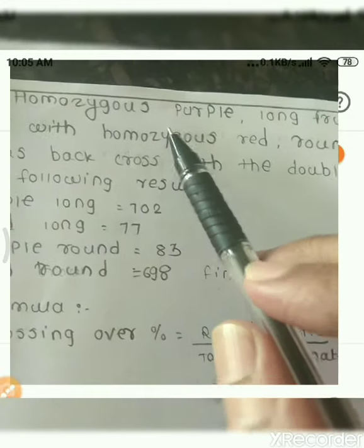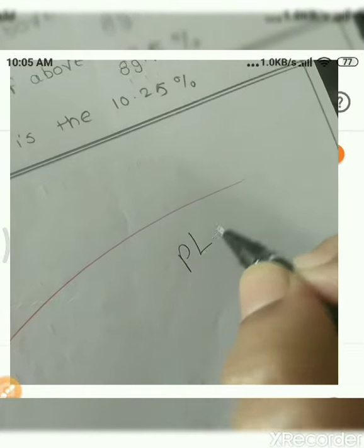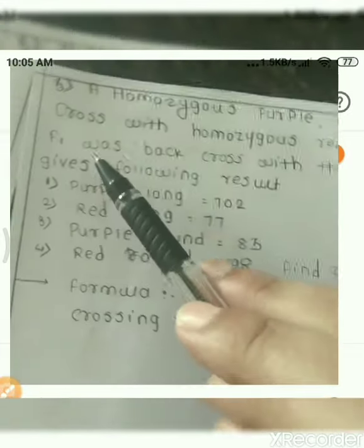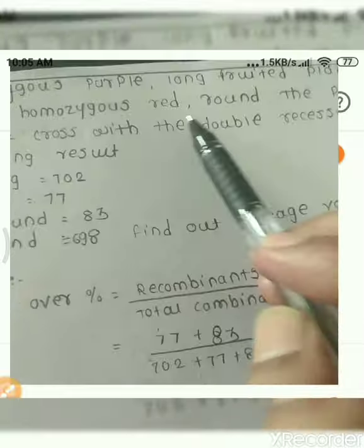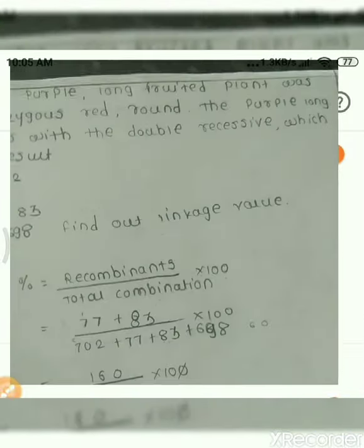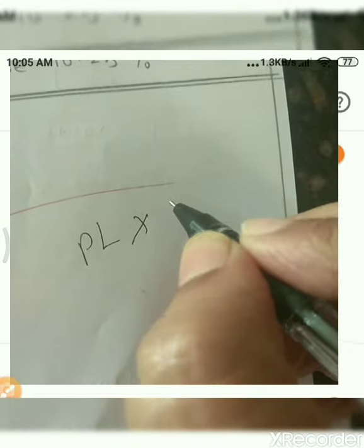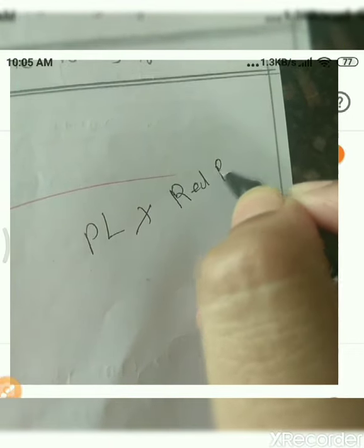So here in this case, first of all, which are our parents? Say for example, this is our purple long. It is crossed with what? The purple long plant was crossed with homozygous red round. So here we will write purple long crossed with red round.